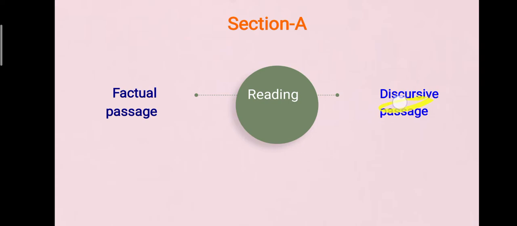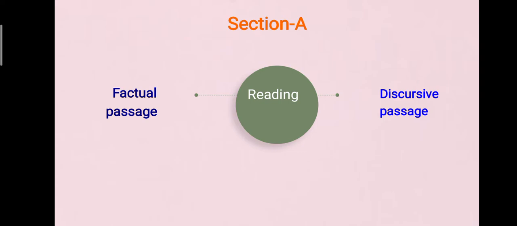So discursive passage is such a kind of passage. So the types of questions in reading. In reading comprehension, the students are tested on a variety of questions that test their inferential and understanding skills.